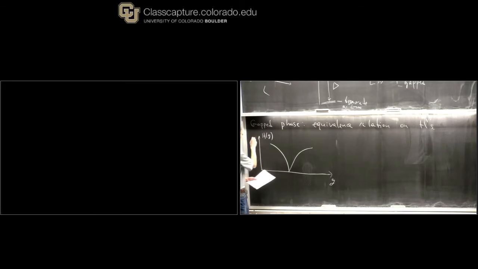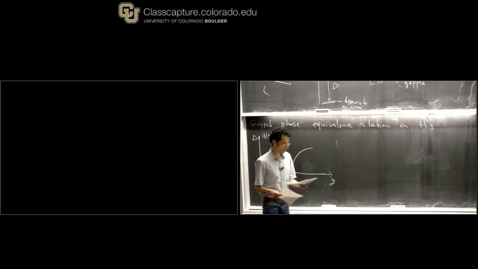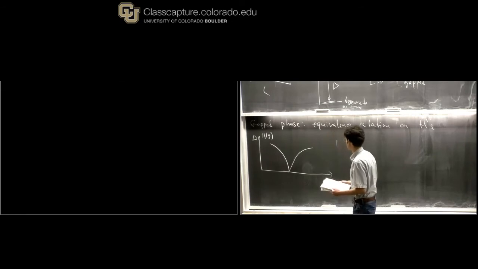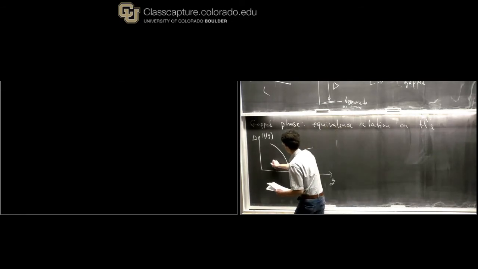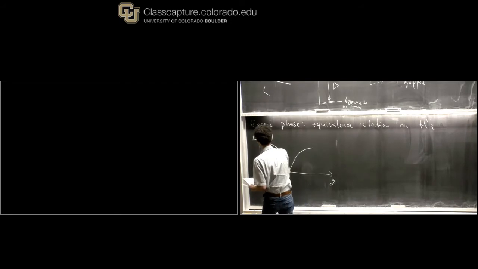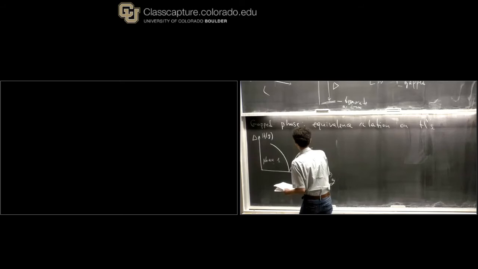So here I'm plotting the gap as a function of some parameter g. If there is some path between g1 and g2 such that delta remains finite, then we say that those Hamiltonians belong to the same gapped phase. Okay, so these are the definitions. Now, this would be two different phases: this is phase 1, and potentially phase 2.